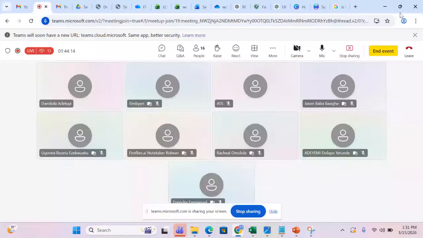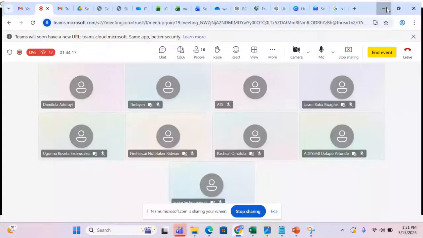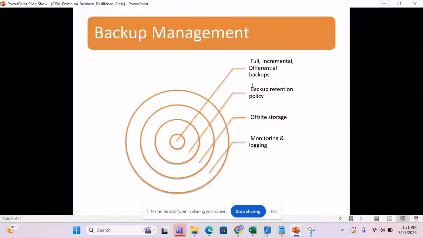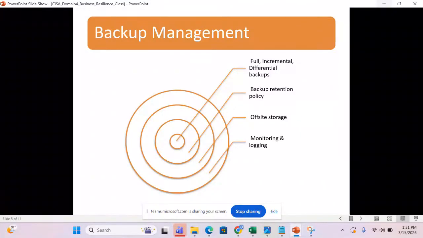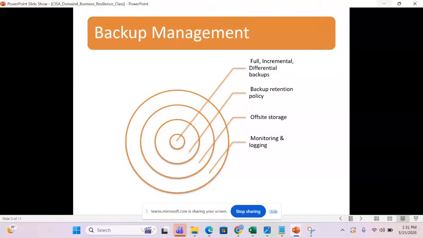So now let's move to something we call backup management. When we speak to backup management, we're speaking to how we ensure that the backups we have are kept properly.